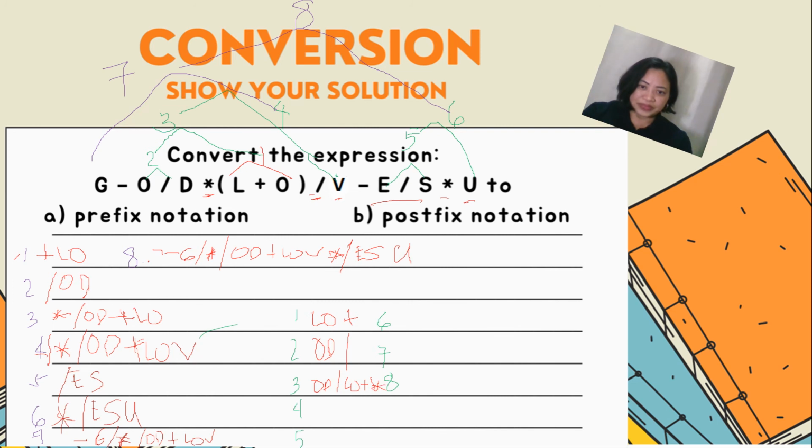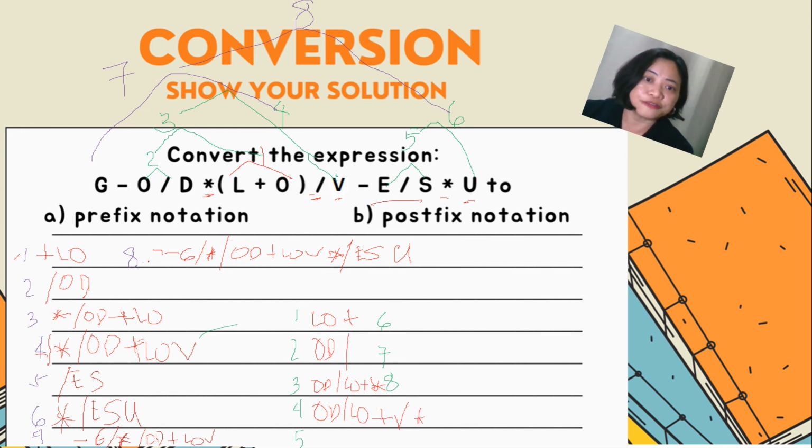Okay? And then number 4 is yung expression 3, 3 divide V. So, number 3, copy lang natin yung number 3, OD divide LO plus V. Okay? And then we have V times, right?